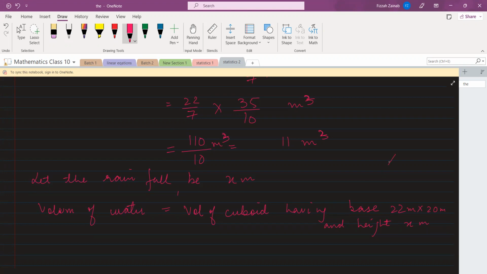So cuboid is actually like this, whose base is 22 meter into 20 meter, and the height is x meter. This will be the volume of water which is collected here. So volume of cuboid is 22 meter into 20 meter into x meter. Right, Martin?